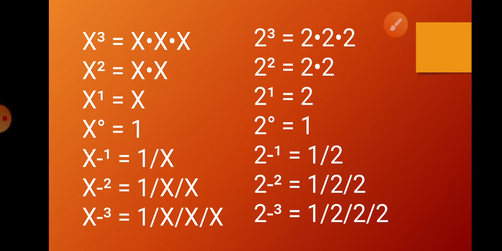Here are the first three laws of exponent: x to the power of 1, x to the power of 0, and x to the power of negative 1.